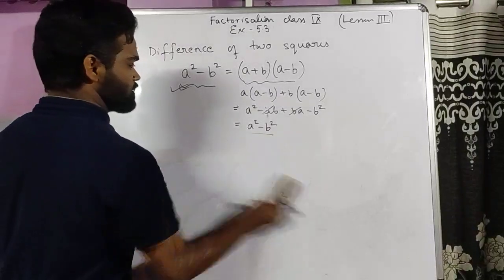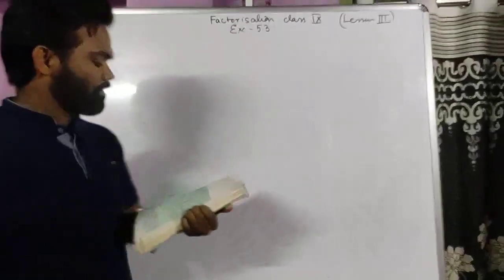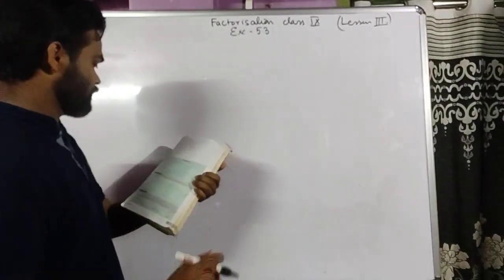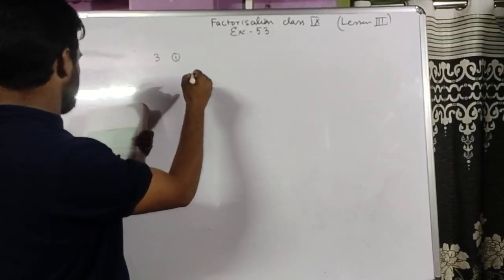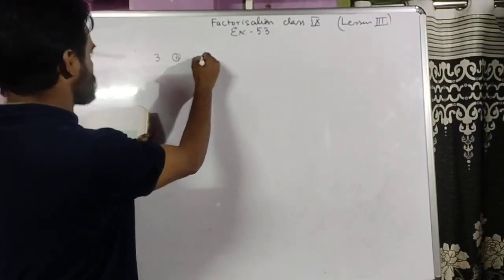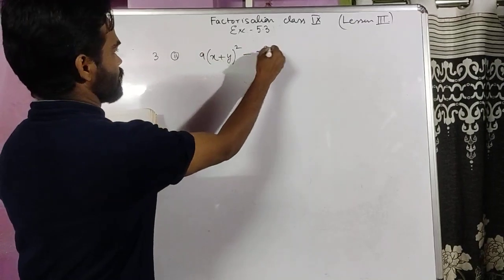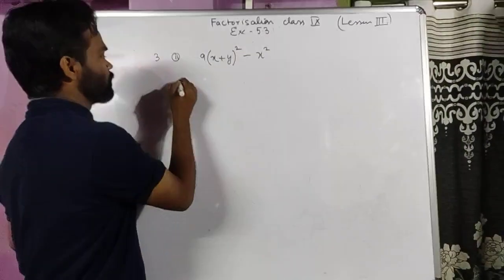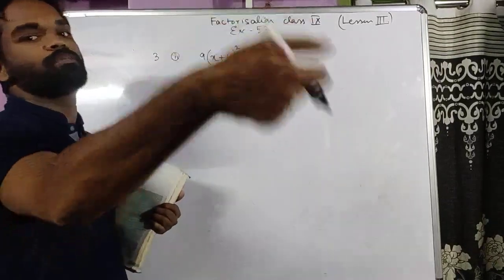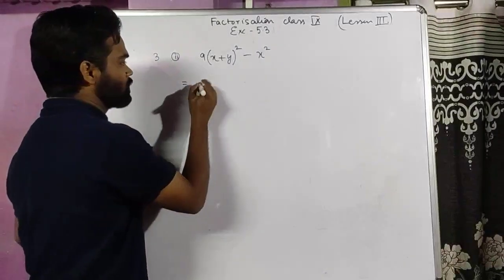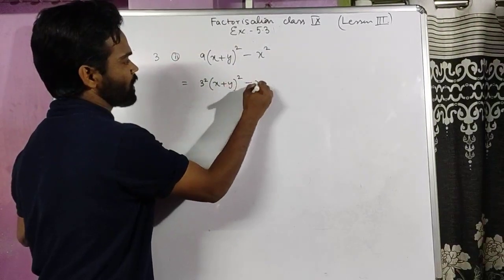Let's start. Now, I'm solving exercise 5.3. Now, let me try sum number 3 part 1. Rather, 3 part 2 is interesting. Now look carefully. This we need to express in the form of a square minus b square. Now 9, can I write 3 square, x plus y whole square minus x square?